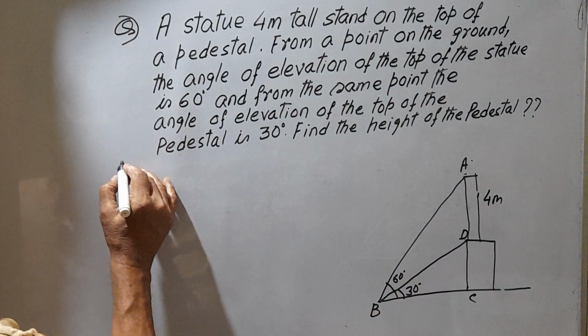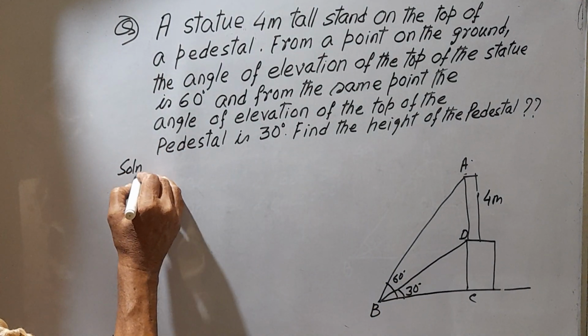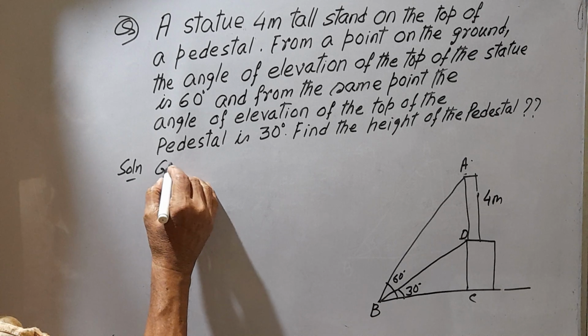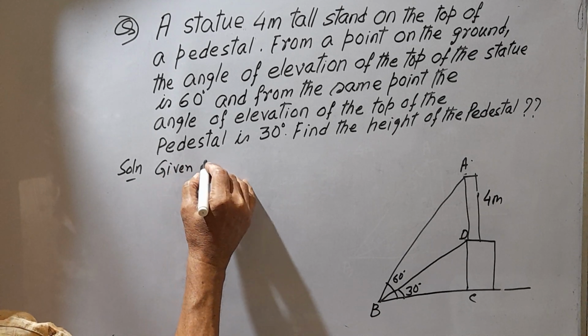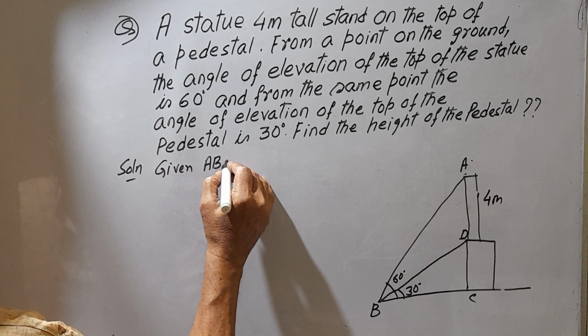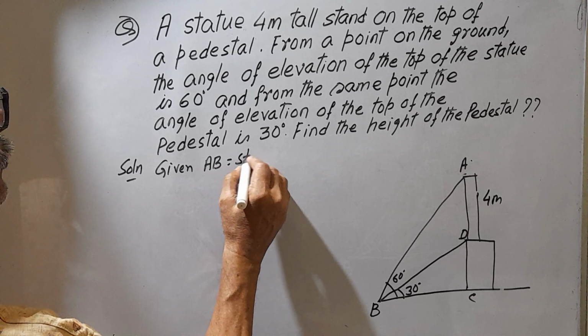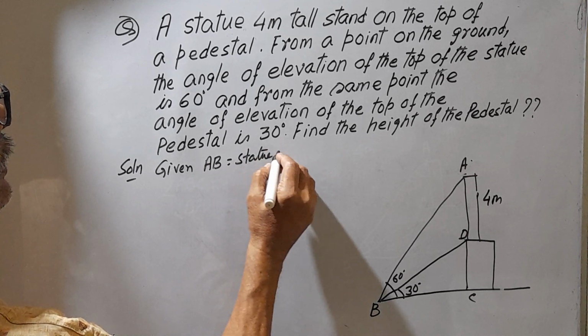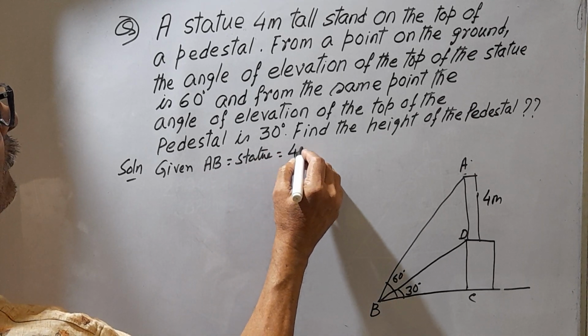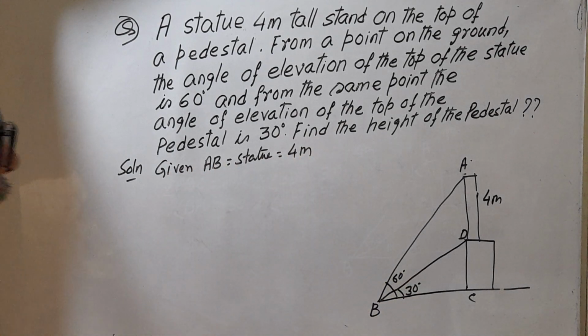तो आप लिख लीजिए solutions. Given: AB equal to statue equal to 4 meter. आप यहाँ लेट भी लिख सकते हैं.